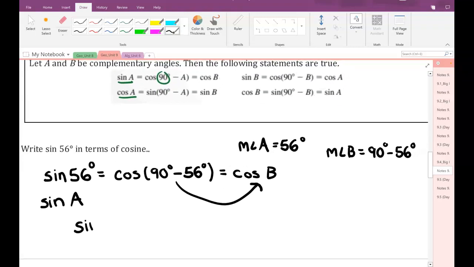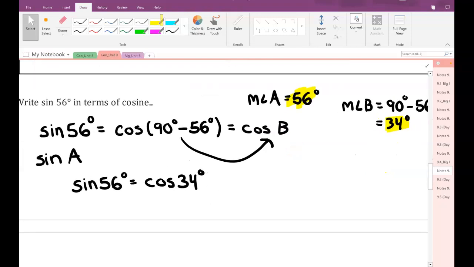So the sine of 56 degrees is equal to the cosine of, and then all you have to do is take 90 minus 56, and you get out 34 degrees. So the measure of angle B is 34 degrees. These two angles are complementary to each other. And so the sine of 56 is equal to the cosine of 34.